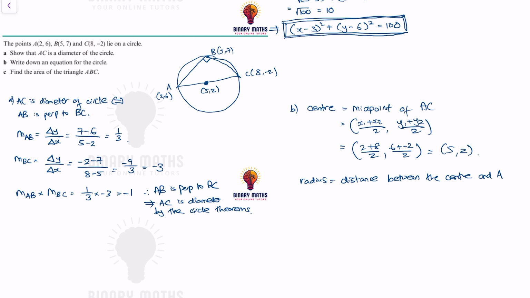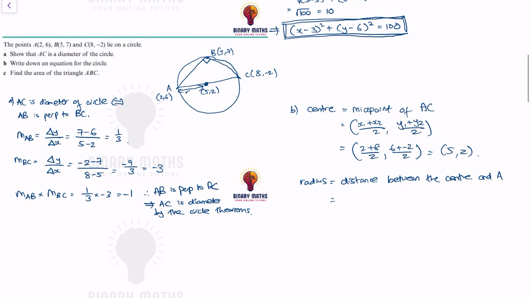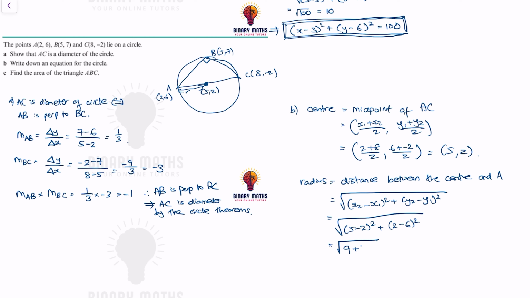Then that's the square root of x2 minus x1 squared plus y2 minus y1 squared. So if I do that, I'm getting 5 take away 2 squared plus 2 take away 6 squared, which gives me 3 squared plus 4 squared, which is square root of 25, which is equal to 5.